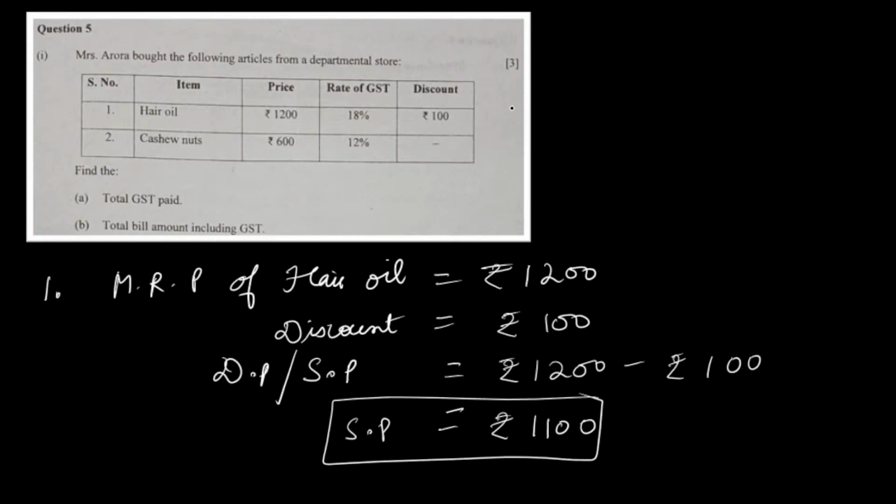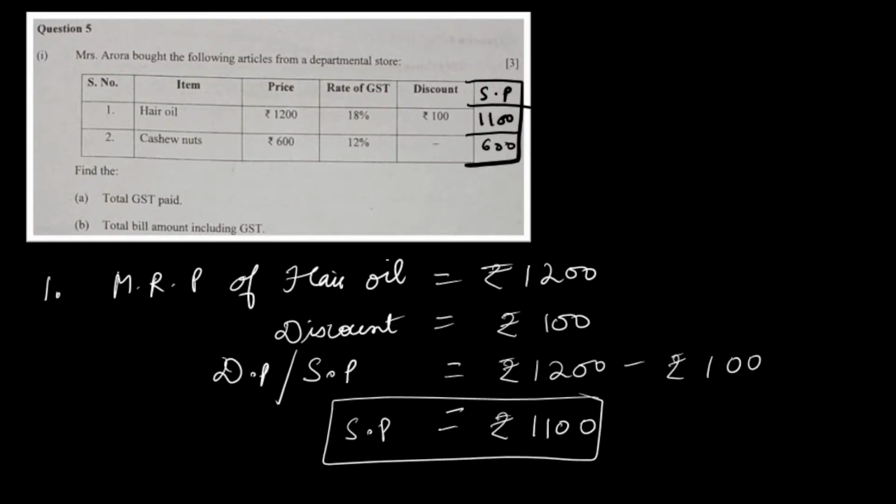This type of question you can do in tabular form only. Here you can make one column and write the selling price. For the first one it's 1100. For the second one, cashew nuts, there is no discount, so its selling price is 600. If there is no discount, the selling price will remain the same. Now, GST is always applicable on the selling price. So, the total GST we have to find.